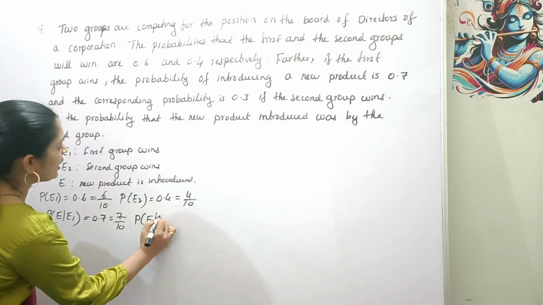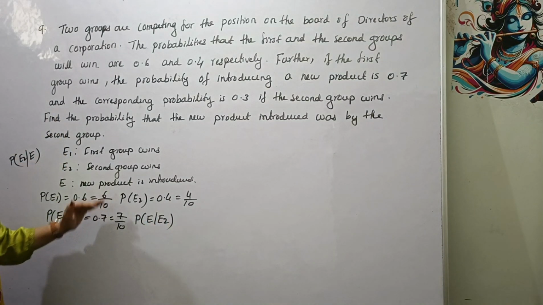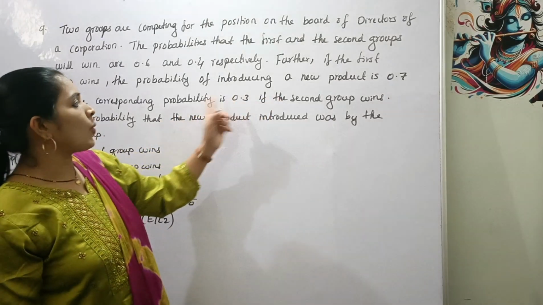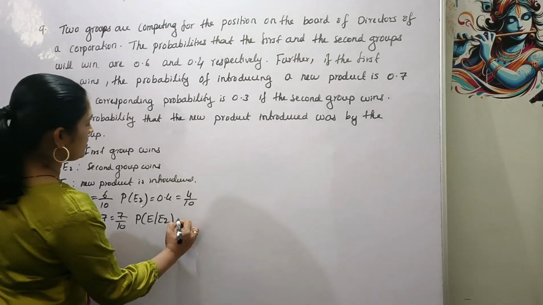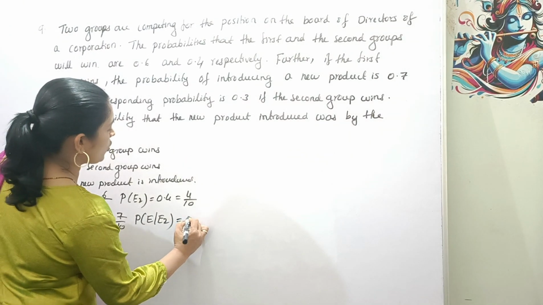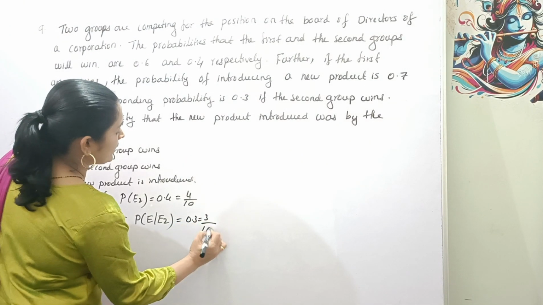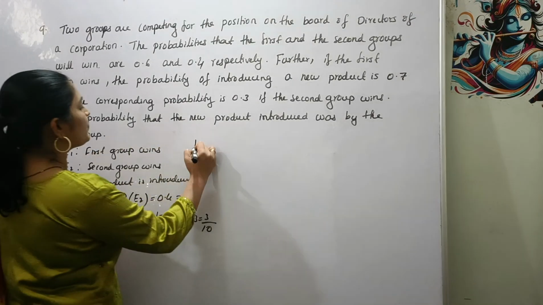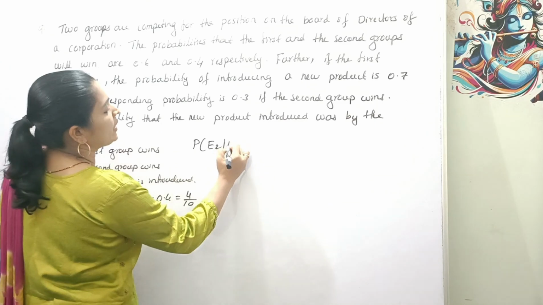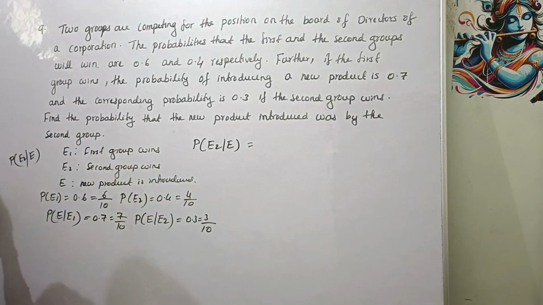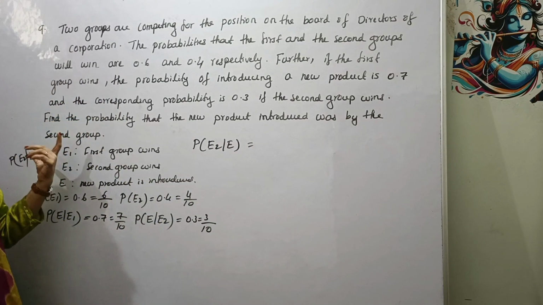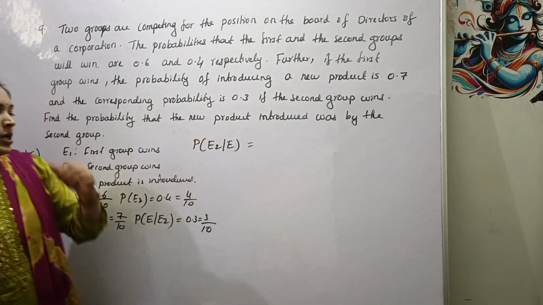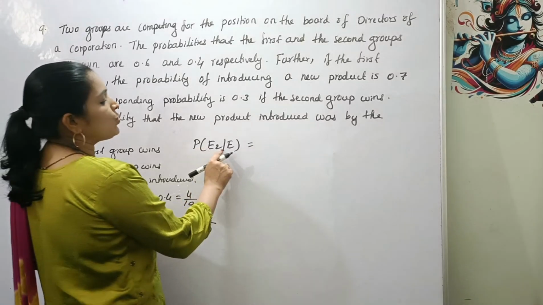Probability of E given E2, that is the probability that a new product is introduced by the second group, that is 0.3, or 3 by 10. Now, here we have to find probability of E2 given E, the probability that the second group wins given that the new product is introduced.